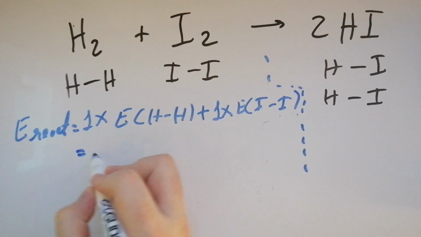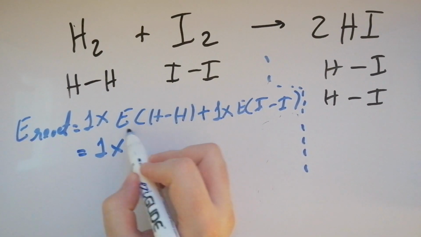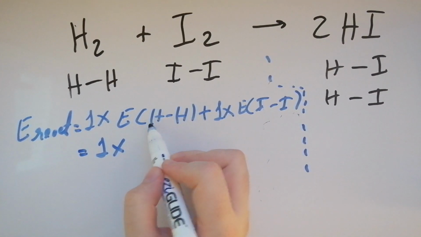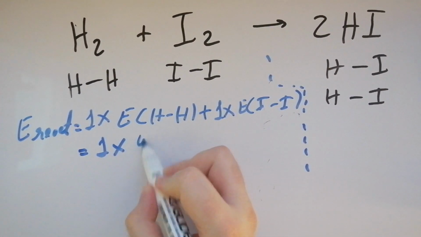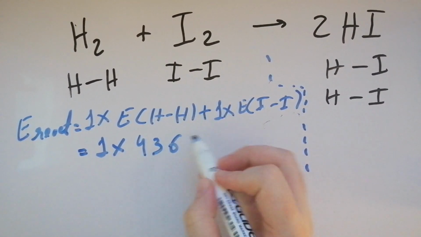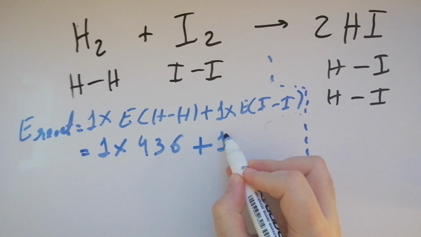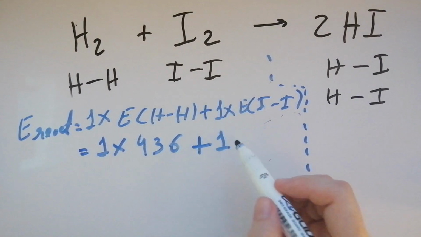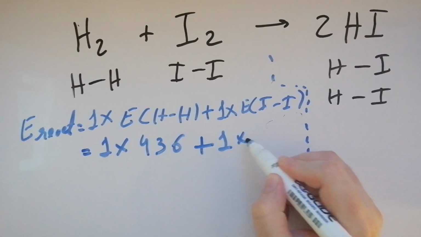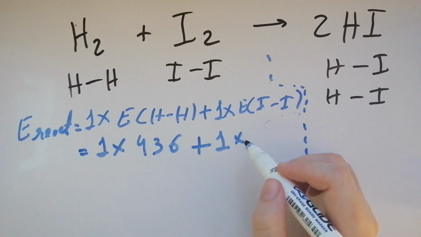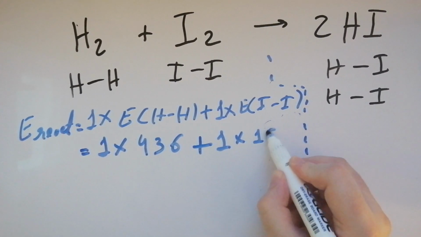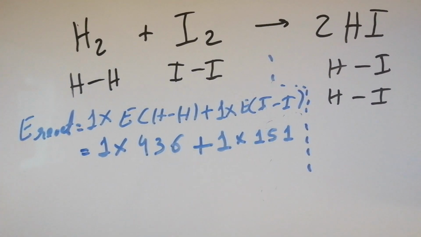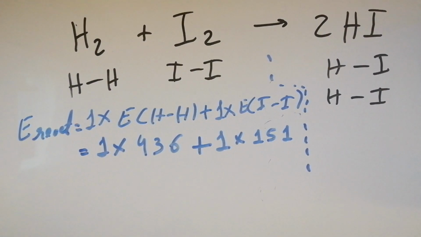So let's write 1 times 436, because we only have one bond, plus 1 times the energy between two I's, which is 151 kilojoules per mole.